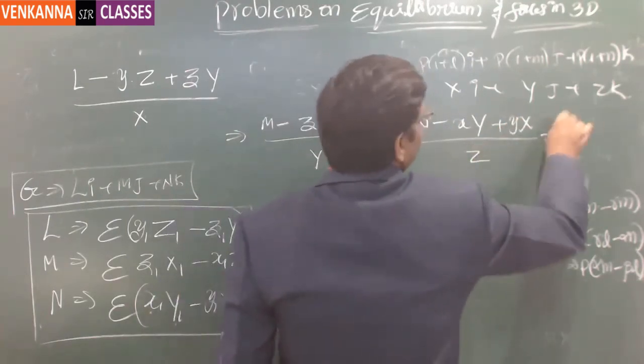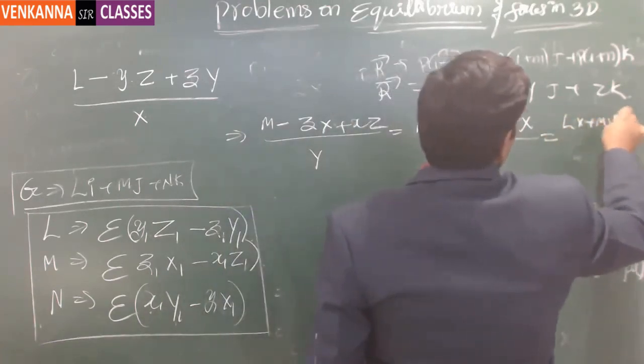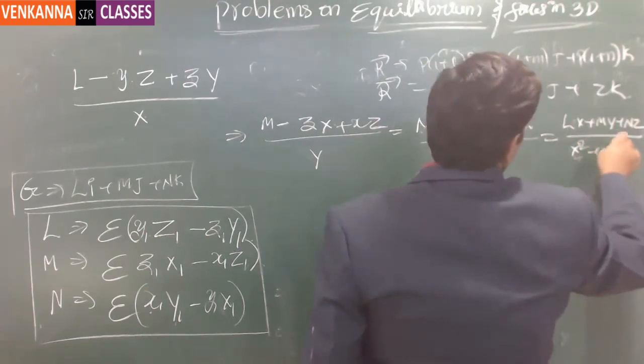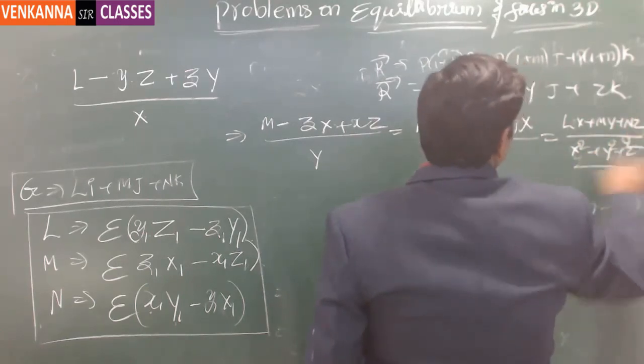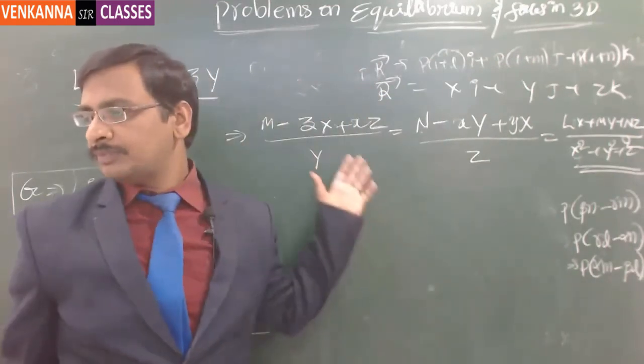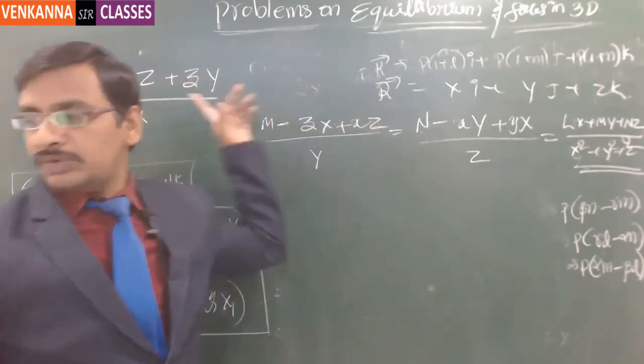So this is lx plus my plus nz divided by x square plus y square plus z square. If you require it, you can use it. Otherwise, you can leave it. Got it? So this is the crucial part for us.